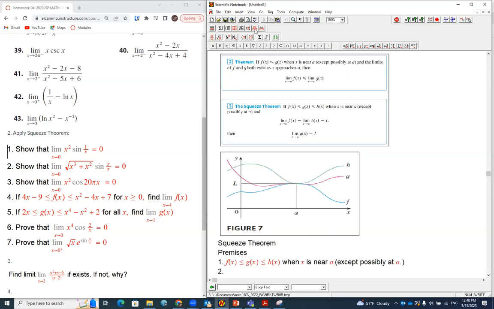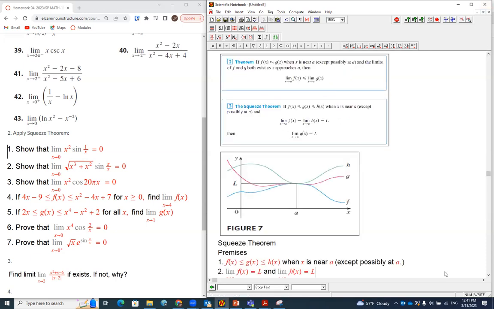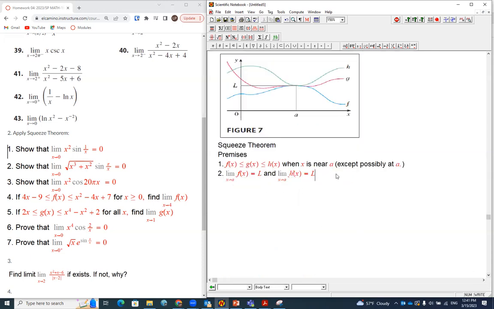Okay, so the limit of F when X is approaching A is L. And the limit of G, I'm sorry, the limit of H, is also existing and approaching L. Okay, so both have limits and their limits are the same.